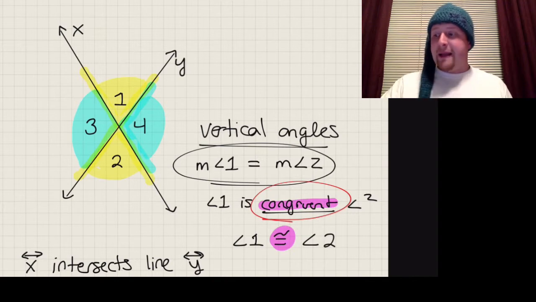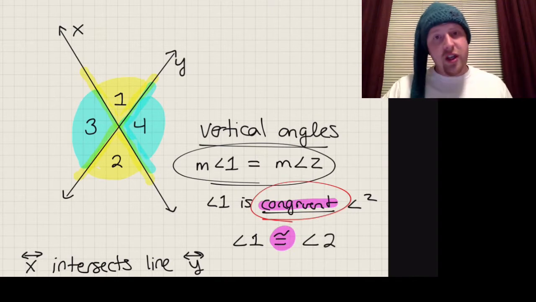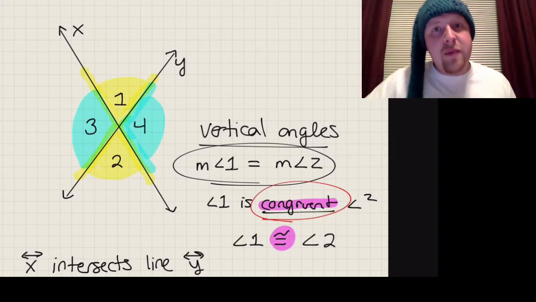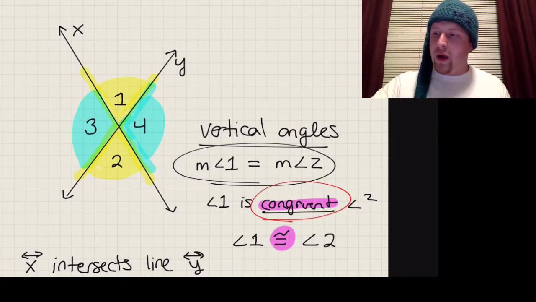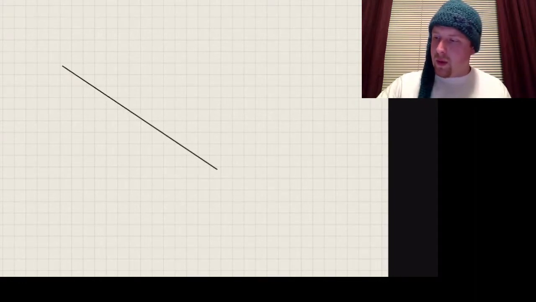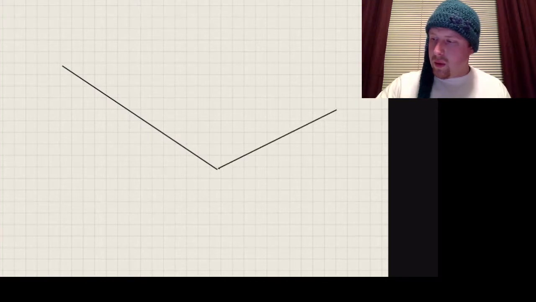Okay, last but not least, and we can actually use this anytime two angles are right next to each other. They are what we call adjacent angles. So actually, I will draw a new diagram for this. And this doesn't have any particular rules. Let's make that a little bit better.